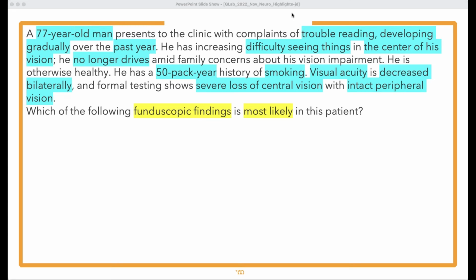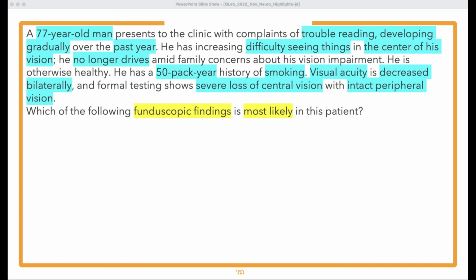We do know it is more of a chronic development, developing gradually for the past year. Now, anytime we're told about vision changes, you want to pick up on all those clues that they're telling you about what part of his vision, central vision, peripheral vision. We do know that he was a smoker, and then you can also see there important visual exam findings as well. Then they're asking us about fundoscopic findings most likely.